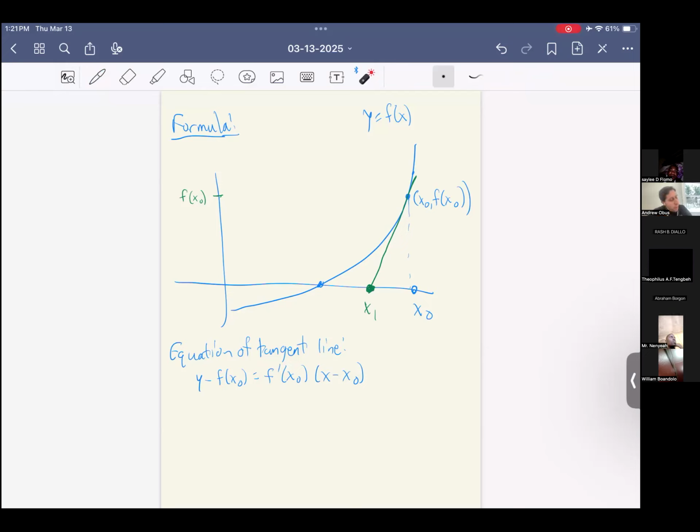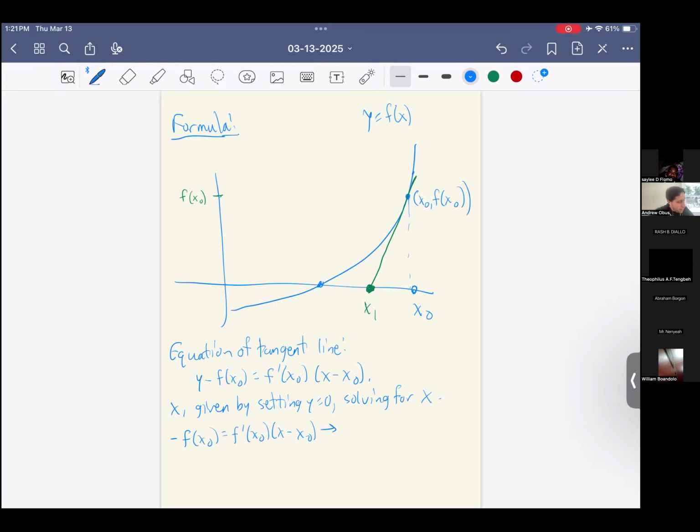And so what's my x1? My x1 is where the tangent line crosses the x-axis. So to find x1, I have to set y equal to 0 and solve for x. So that gives us minus f of x0 equals f prime of x0 times x minus x0. And that leads to minus f of x0 equals f prime of x0 x minus f prime of x0 x0.